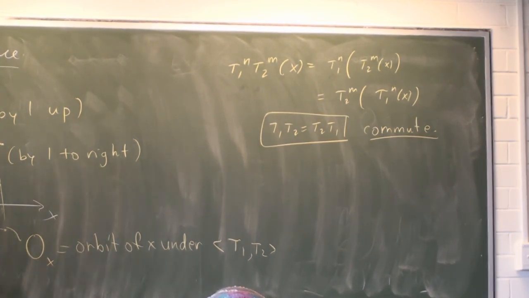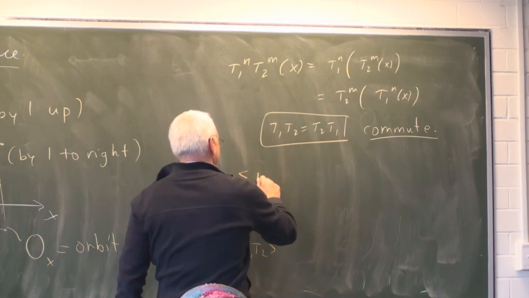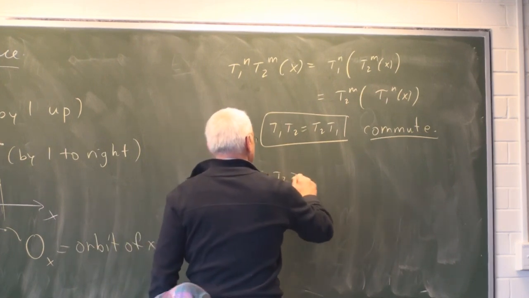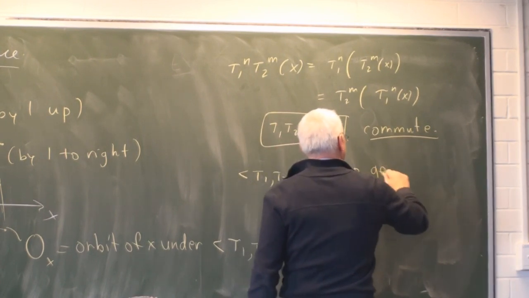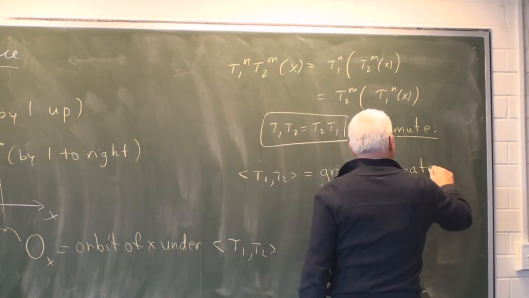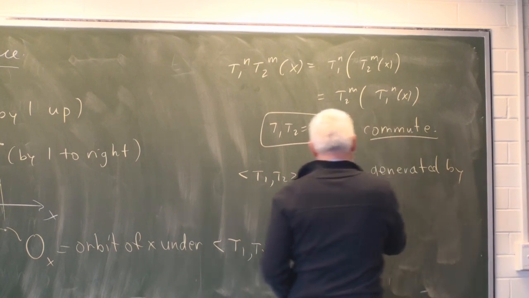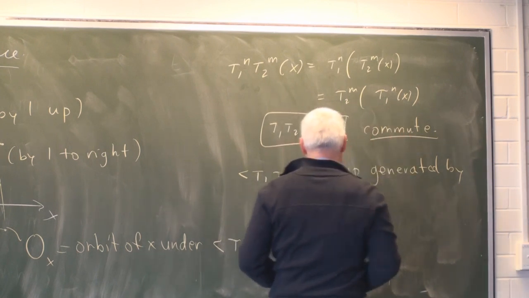So the group generated by them, this group tau 1, tau 2, I guess this is the group generated by tau 1 and tau 2.